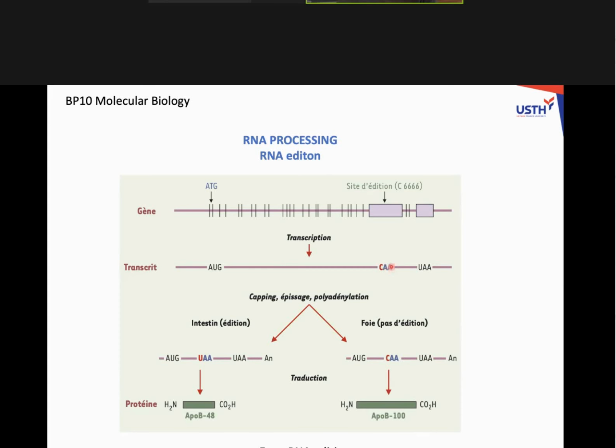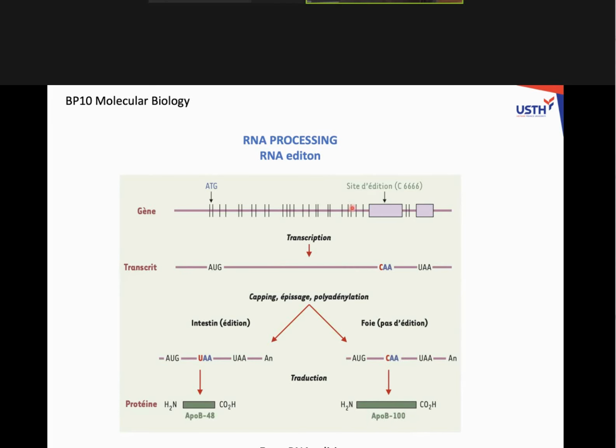The sequence CAA present in the messenger is kept and the protein is translated as it is. It's called ApoB, and the molecular weight of this ApoB protein is 100 kilodaltons. So the name of this version is ApoB 100.